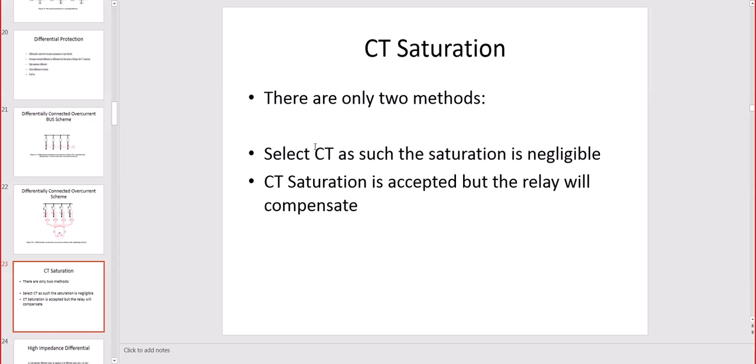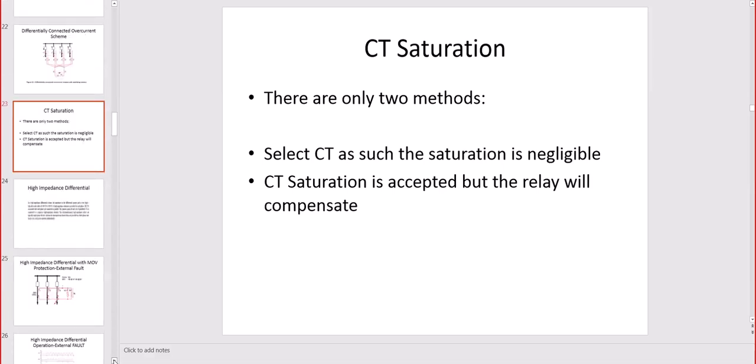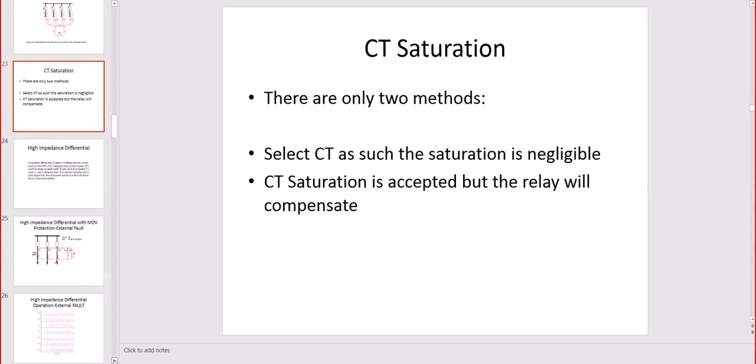Any other CT is a protection CT, it is not an instrumentation CT. There is a lot of confusion out there. We don't use instrumentation CT for protection. This CT is not saturating easily. It is a large magnetic core, but it has a time delay to saturate. Eventually it does saturate, but it is guaranteed to maintain the error, let's say 5%, at 10 times rated current.